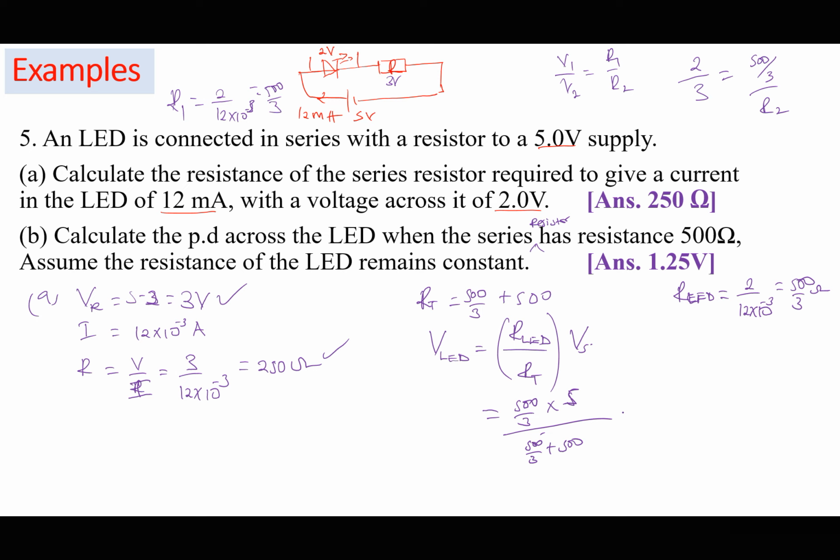Which gives me 1.25. You can also verify that. So I just used the potential divider formula for the second case. The new resistance for the LED, remember, is 500 over 3 ohms. I just used R is equal to V divided by I. You can make your work very organized.